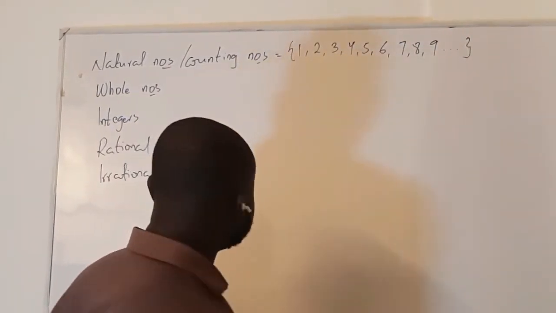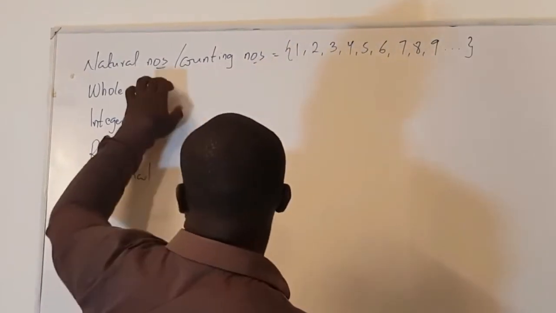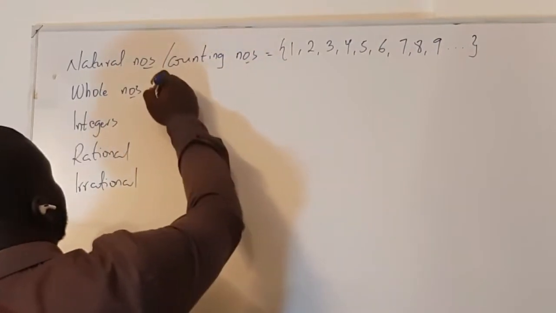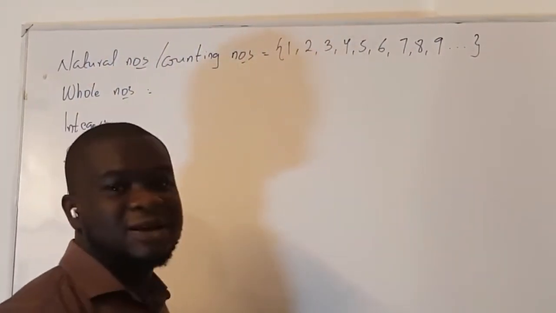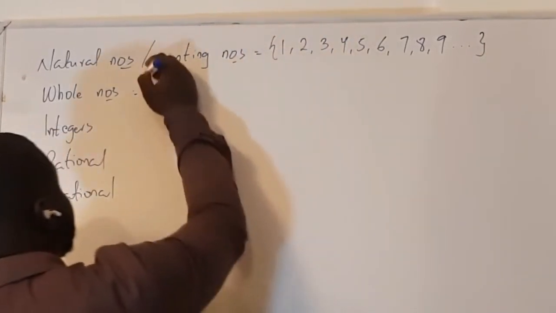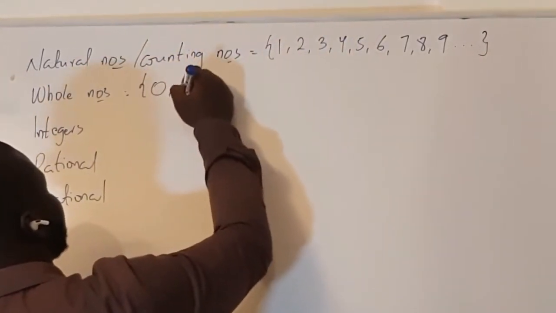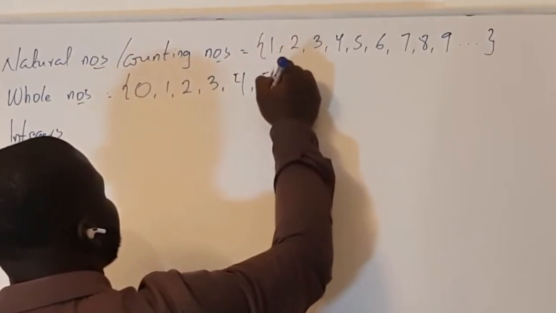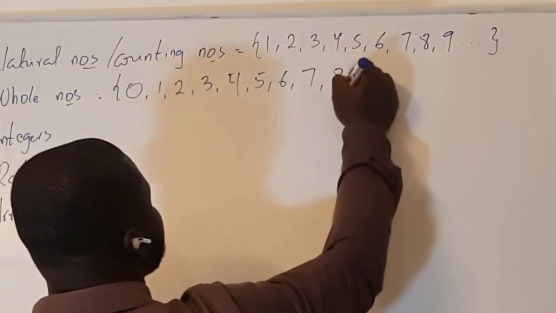When we talk of whole numbers, you are talking of counting numbers plus 0, okay? So whole numbers start from 0, 1, 2, 3, 4, 5, 6, 7, 8, 9.